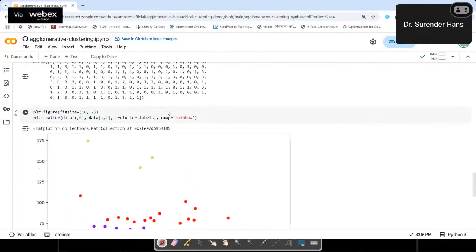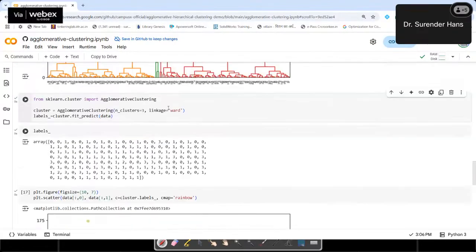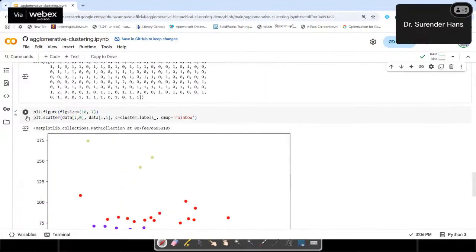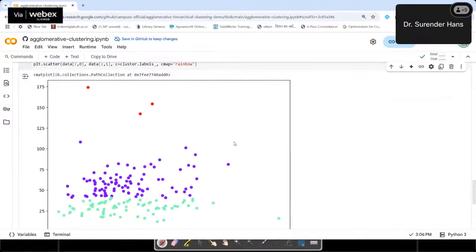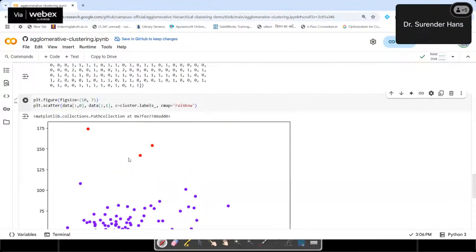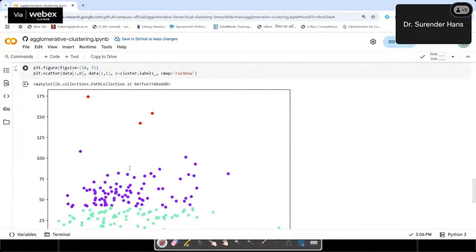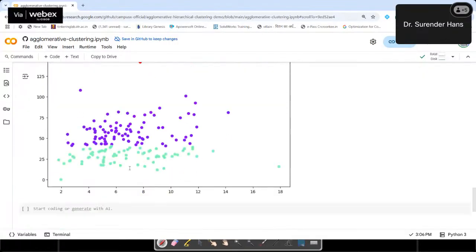Now, 1, 2 and 3: red, blue, and this one is green. So there are 3 clusters. See this one. Clear?